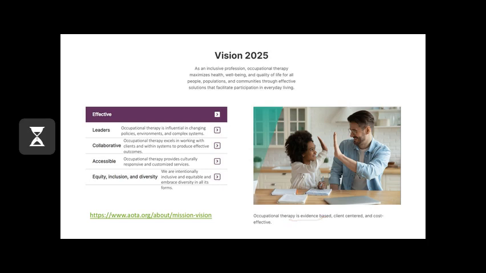If you go to the web page and you click on leaders, what you would see is occupational therapy is influential in changing policies, environments, and complex systems. So, as practitioners, we have an important role, and that is to be leaders. We also want to be collaborative.